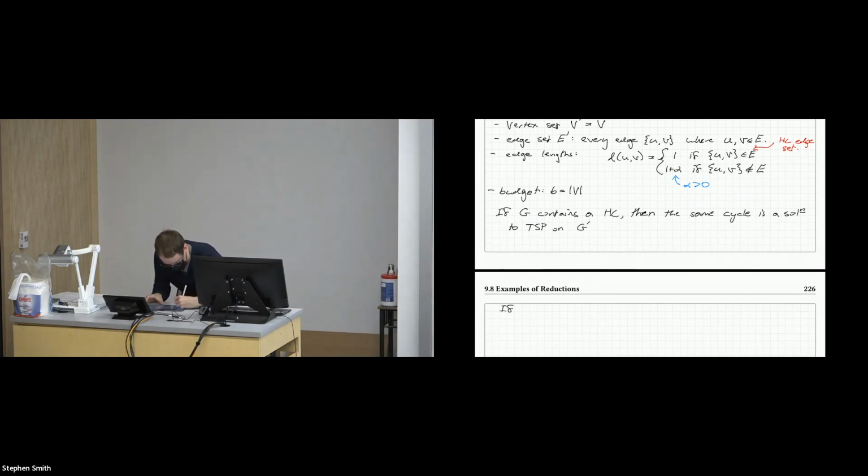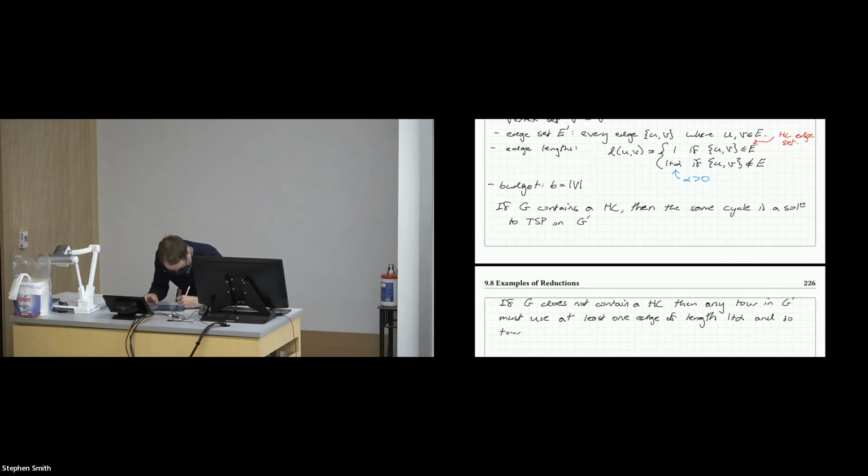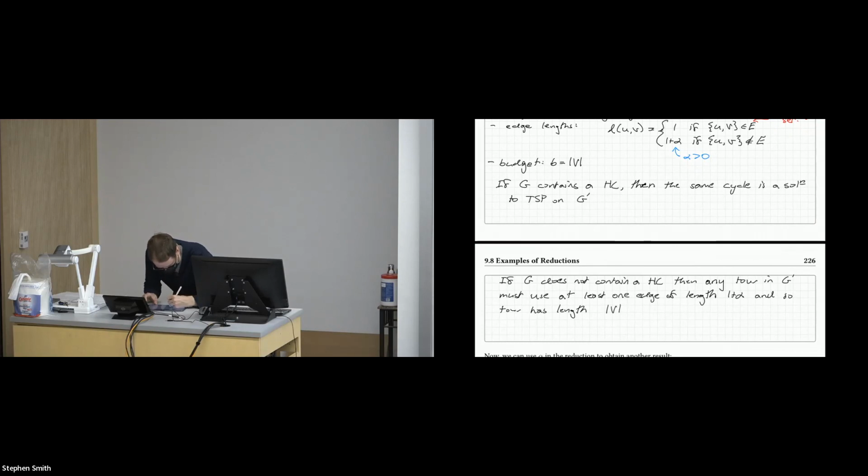If, on the other hand, G does not contain a Hamiltonian cycle, then any tour in G prime must use at least 1 edge of length 1 plus alpha, and so the tour has a length of greater than or equal to |V| plus alpha, which does not satisfy the budget.